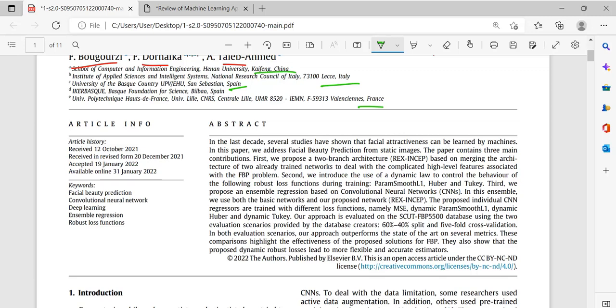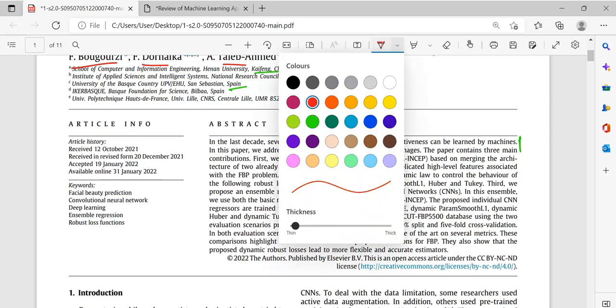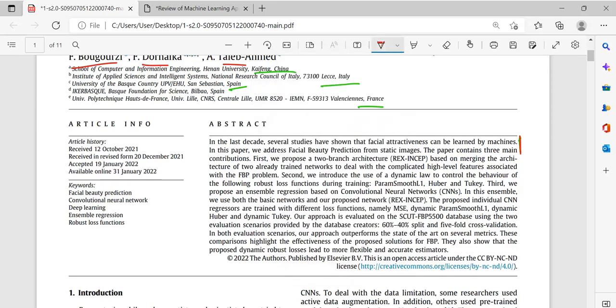For example, in this bit, if I read these two lines up to here, it is saying the background, what they want to do, what their aim is, and they are also giving their proposed methods. First they propose three methods: the first one, the second one, and the third one.